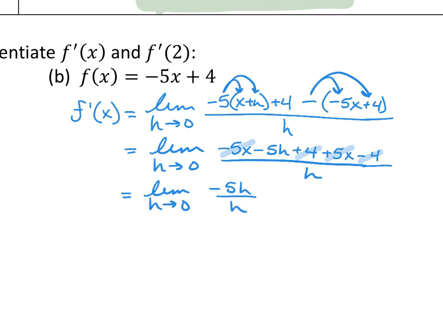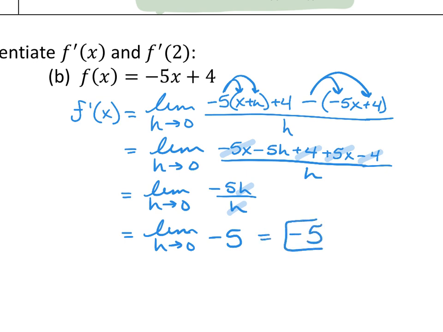I still can't technically plug in 0 because I would get 0 over 0, but what do you notice? We have an h on top and bottom, and it's just a single term, so we can get rid of them. So really, this is like saying take the limit as h approaches 0 of negative 5. Are there any h's left at all? No, so if we plug in 0 for h, what number do we get out?